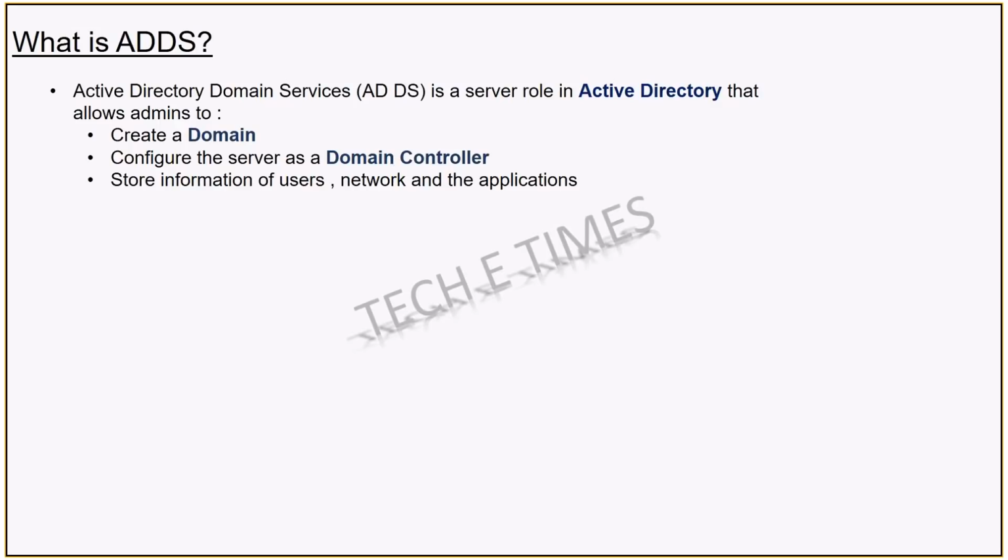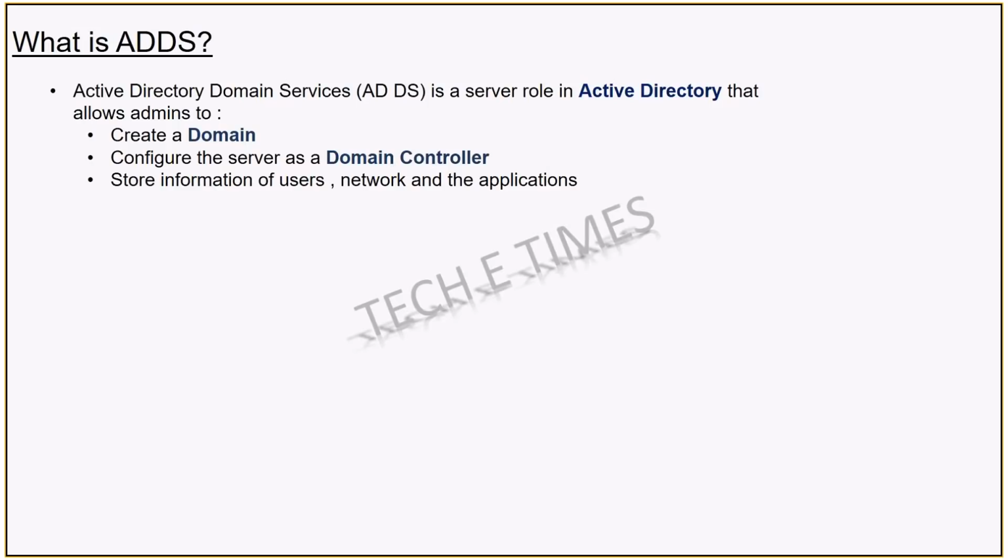Now, once you create the domain, the server which has ADDS installed in it running as a service will now be known as a domain controller. That means the server that can control the entire area, or the server that can control the entire domain.